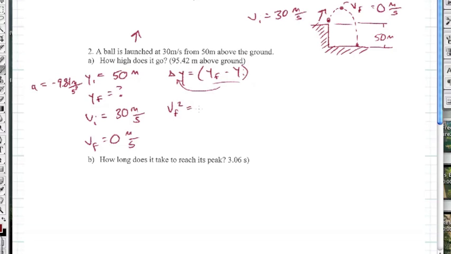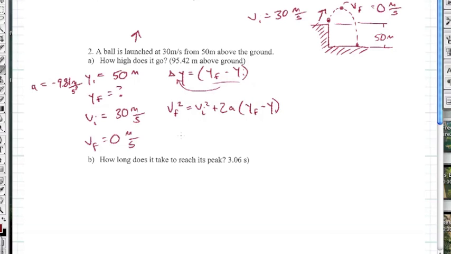Oh, I think we have an equation that works for that. VF squared equals VI squared plus 2 times A times delta y. I'll tell you what, instead of writing delta y, let's immediately substitute in YF minus y initial.